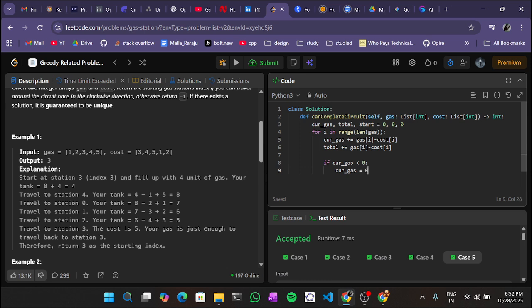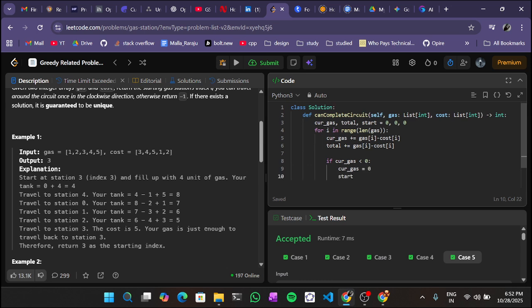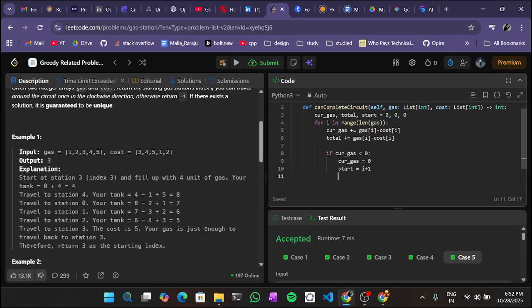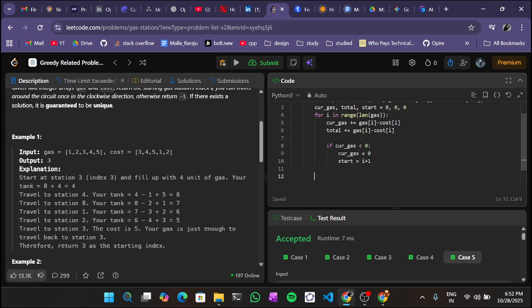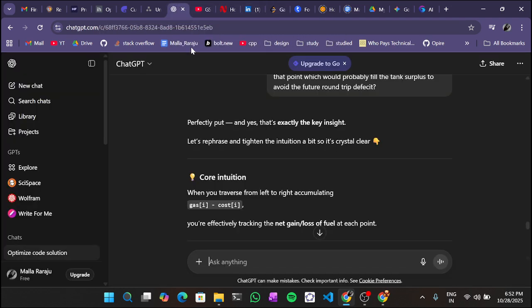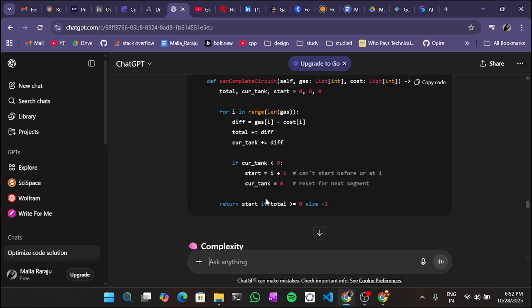Current gas resets, and if total is greater than or equal to 0.